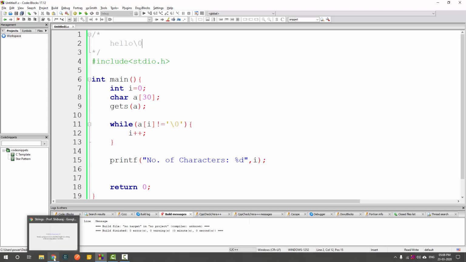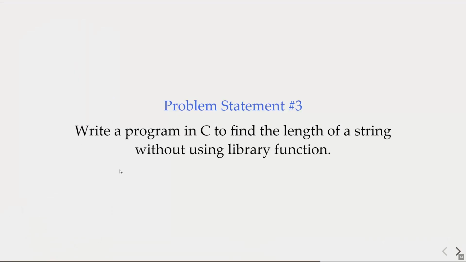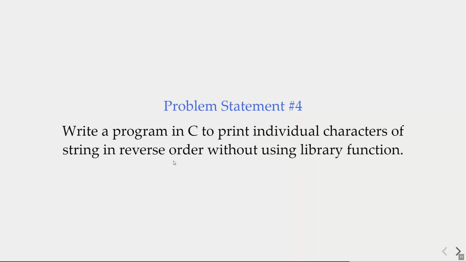Next, let us switch to the next problem statement. In this task, we have to write a program to print the individual characters of the string in the reverse order without using any library function. Basically the user will be entering, let's say hello, so it should print it in the reverse order.